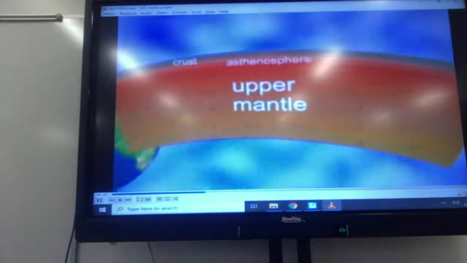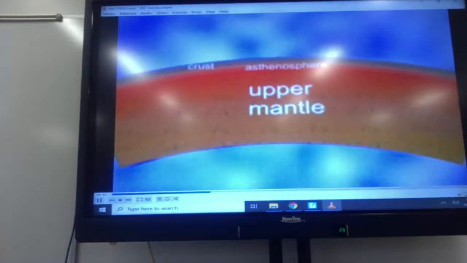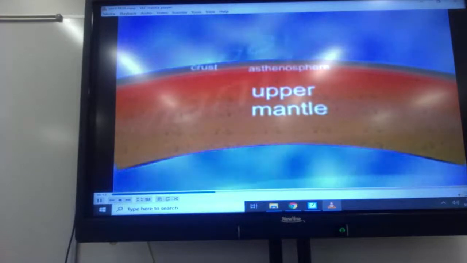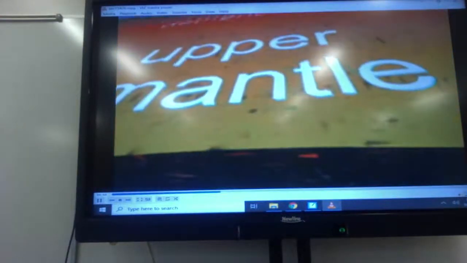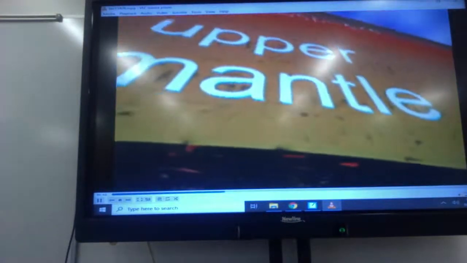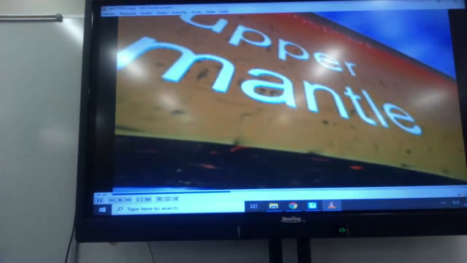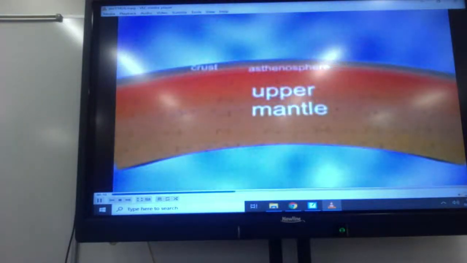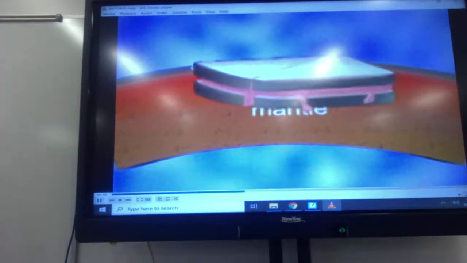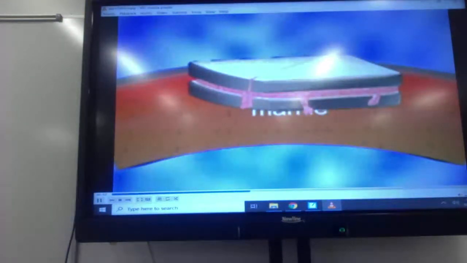The asthenosphere belongs to a layer of Earth called the upper mantle. Below the asthenosphere, the upper mantle gradually hardens into solid rock. The hard portion of the upper mantle and the stiff crust above are held together like a jelly sandwich by the gooey rock of the asthenosphere in between.